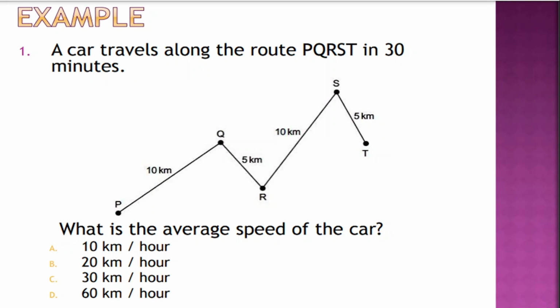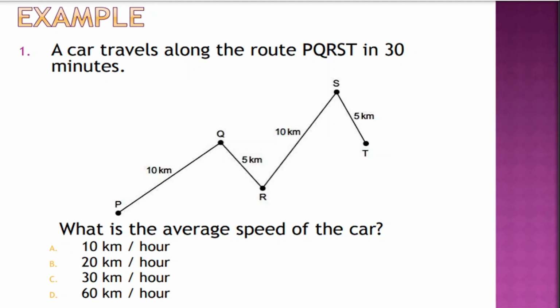If we are converting hours to minutes, that is a bigger unit to a smaller one, we have to multiply by 60. But if we are converting time from minutes to hours, a smaller unit into a bigger unit, we have to divide. That's why we divided 30 by 60, and it gives us 0.5 hour.